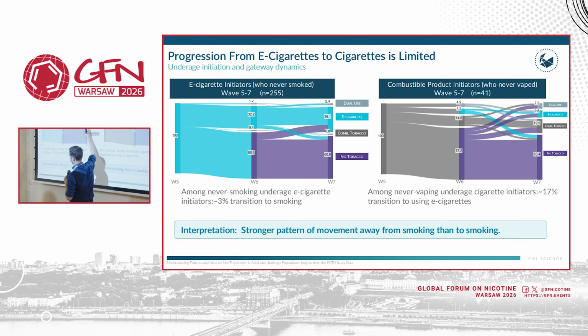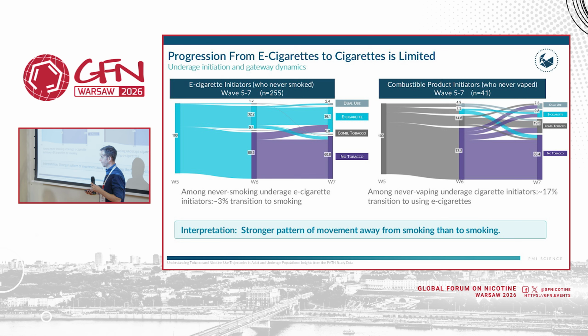Again, just to make sure, let's follow them up 1 wave later. So here they are underage, here they are young adults, and here they are 2 years older, so like 17, 19, 21. And at the end, we have roughly 1% of them being exclusive combustible tobacco users and 2% dual using, so roughly 3% of them being tobacco users.